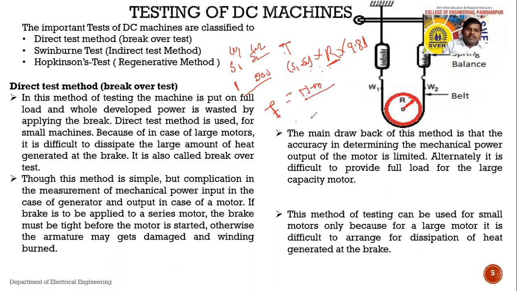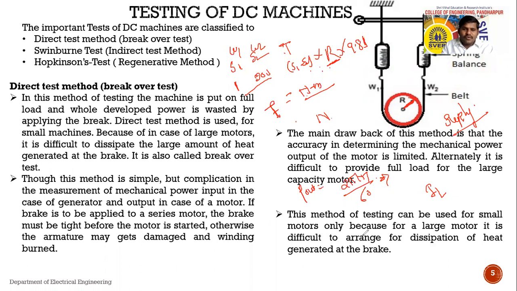After calculation of the torque, you know the speed at a particular load, that is N, and after that we can calculate the output power by using the formula 2 pi NT divided by 60. Once the output power is calculated, we take the reading of the supply voltage and also the current taken from the supply, that is IL.